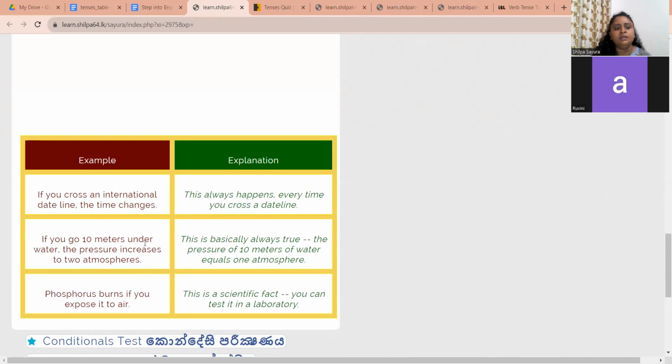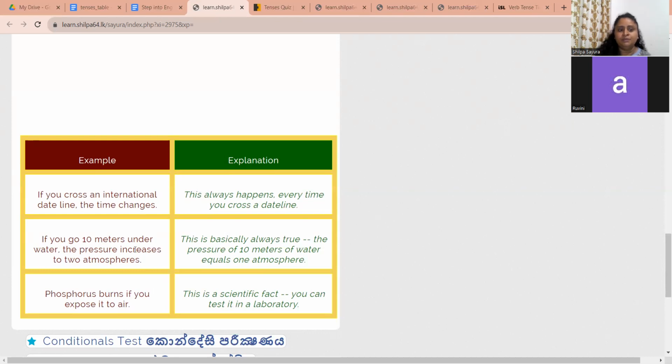If you go 10 meters underwater, the pressure increases to 2 atmospheres. This is basically always true. The pressure of 10 meters of water equals 1 atmosphere. We say one atmosphere changes with every 10 meters. If you go 10 feet down, even if you can swim well, you can stay there only for a while, then the oxygen runs out, or you have to take oxygen with you. Right?